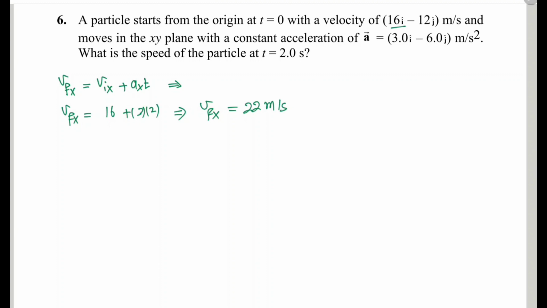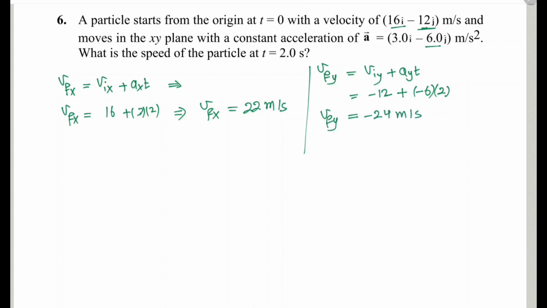Now v final y equals the initial v_y plus a_y t. Again, you substitute the numbers, you will get minus 12, right here, plus a_y, which is minus 6, times 2. You substitute this, you will find v final y equals minus 24 meters per second.